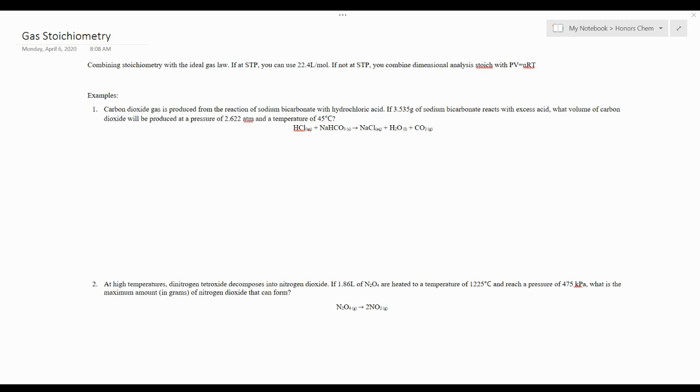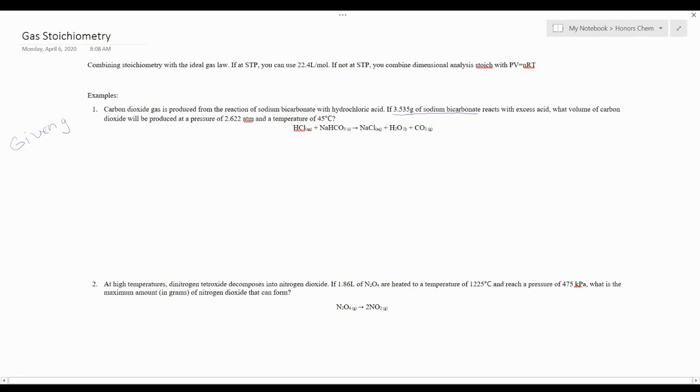I gave you these 2 because they're the 2 ways that it can be solved. So let's look at our first problem. In this one, we have 3.535 grams of sodium bicarbonate. So in this one, we're given grams of a non-gas. So sodium bicarbonate, that's the solid over here.